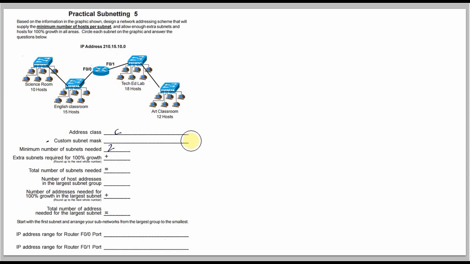Okay, so extra subnets required for 100% growth. Let's get back to the question, and we need to find the 100% growth in all areas. So extra subnets required for 100% growth. 100% more of 2 would be 4.